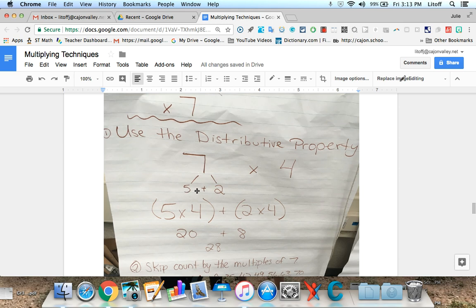You could also use 3 and 4 or 6 and 1, but 5 and 2 are easier. So then what I would do is take my other factor 4, I would multiply it by 5, so 5 times 4 is 20, and then I would take that 4 and multiply it by 2, 2 times 4 is 8, and then I can add those two products together to get 28.